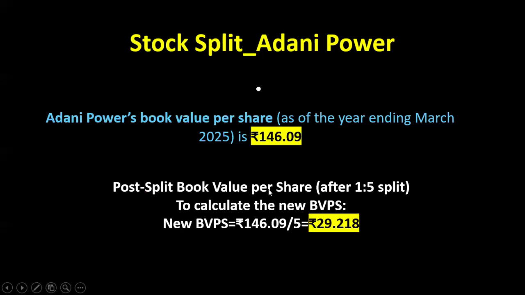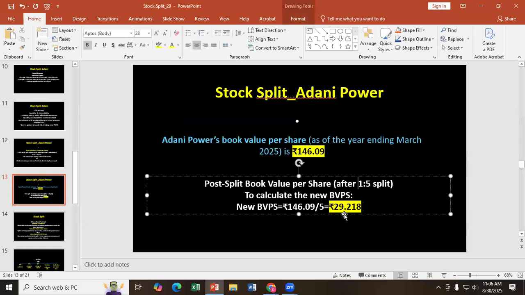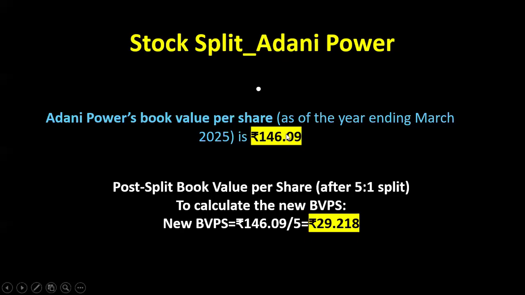So post split, the book value per share has gone down to 29.21. The fall in the book value per share from 146 to 29 is exclusively because of the stock split, which is the increase in the number of shares.